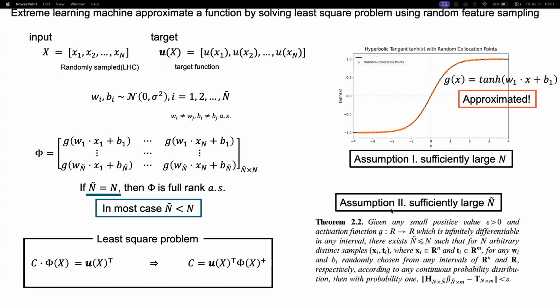And why this approach works is, according to this theorem, as long as we have a large column, meaning we sample many points, for instance here, we have many orange points or not. Because we have a large enough number of these orange points, we can approximate this original basis function.